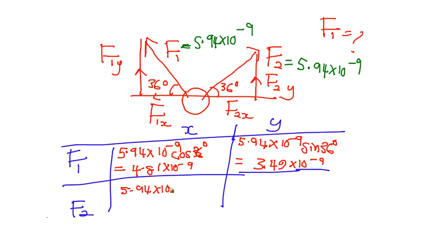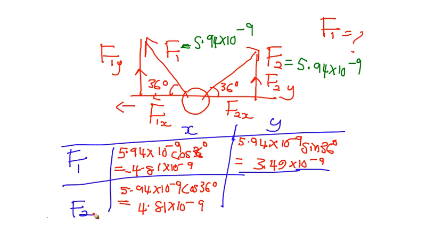Now for F2, 5.94 exponent minus 9. For F2 resolved to the x-axis, you can use cos 36. So this is equal to 4.81 exponent minus 9. If you look at the diagram here, if you resolve to the x-axis direction to the left, meaning you have a negative here.